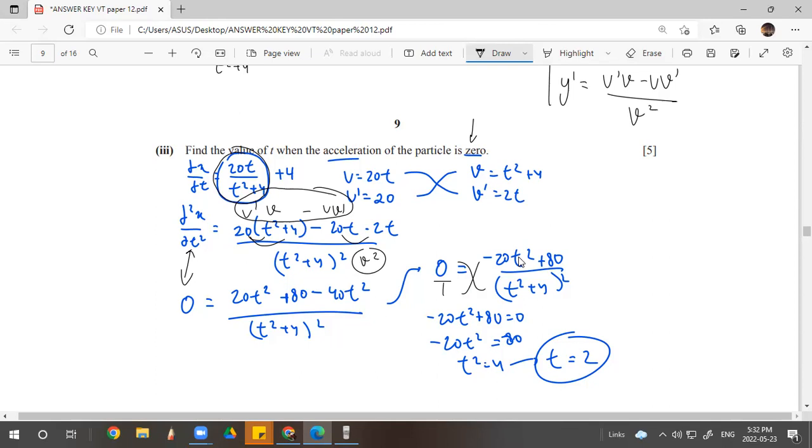So 0, actually, I can put here: 0 equals negative 20t squared plus 80. So I can put the 20t squared to the left side. I think that's better for the mathematical way. 80, right? You move the negative 20. So t squared equals 4. T equals plus minus 2. But you pick positive. Why? Because the logical value of time is always positive. Time cannot be backward.